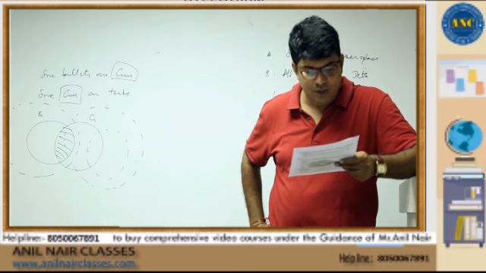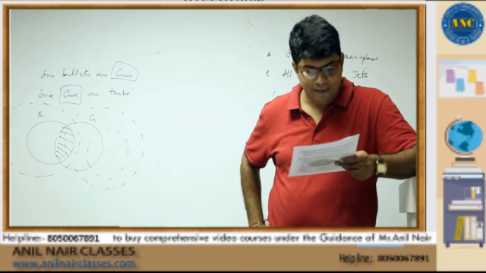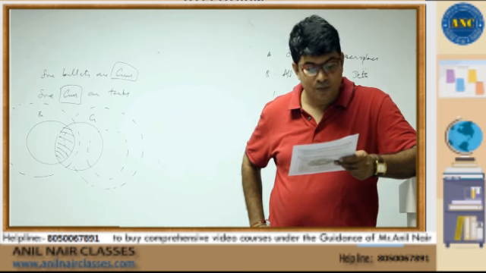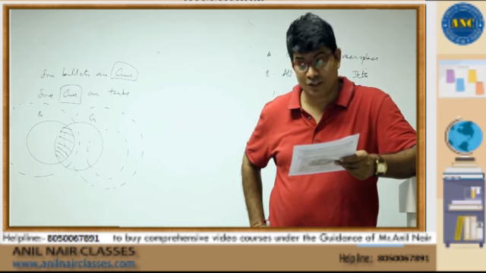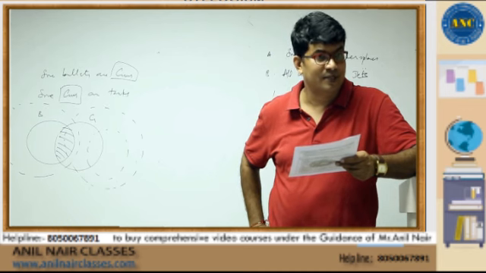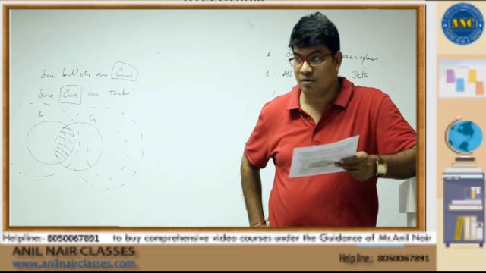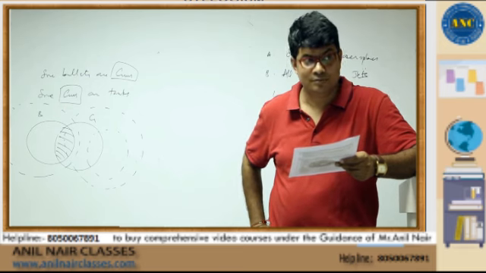So now all green is blue, all green is white, all blue is white. Is it the answer? No. Why? It may or may not be. All blue is distributed fully, which is not the case in any of the premises.